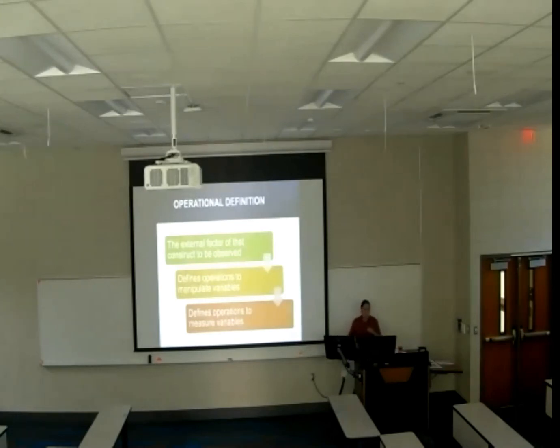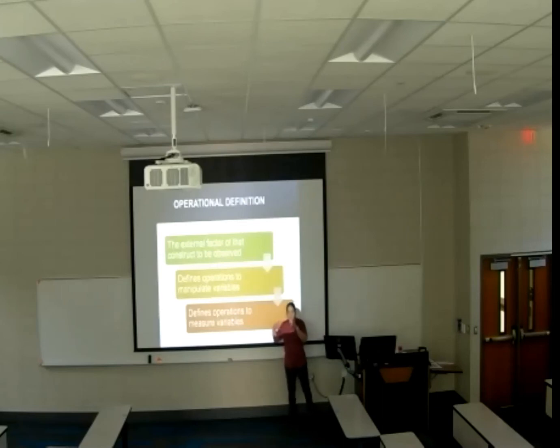That's why it's called an operational definition. We're going to define that operation as a means to manipulate that variable. So for example, let's think about hunger. In the example that you saw previously, we can manipulate food intake. I can come up with a method geared toward how much food a person does or does not consume.